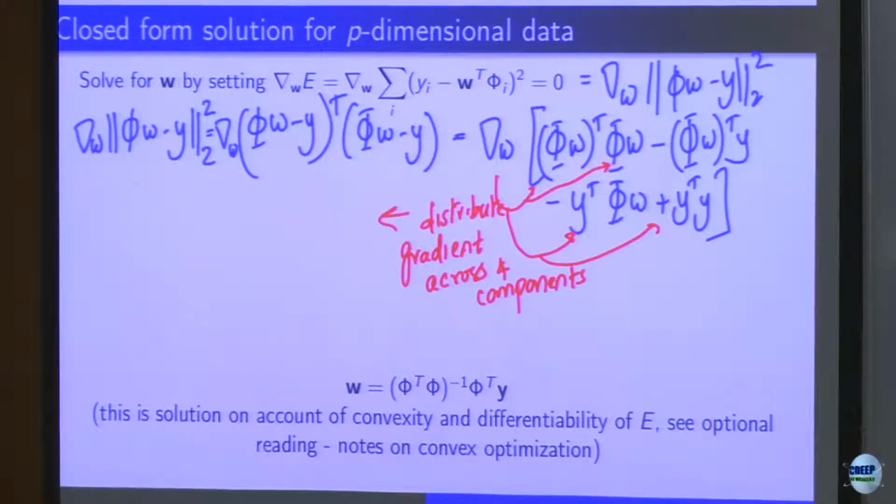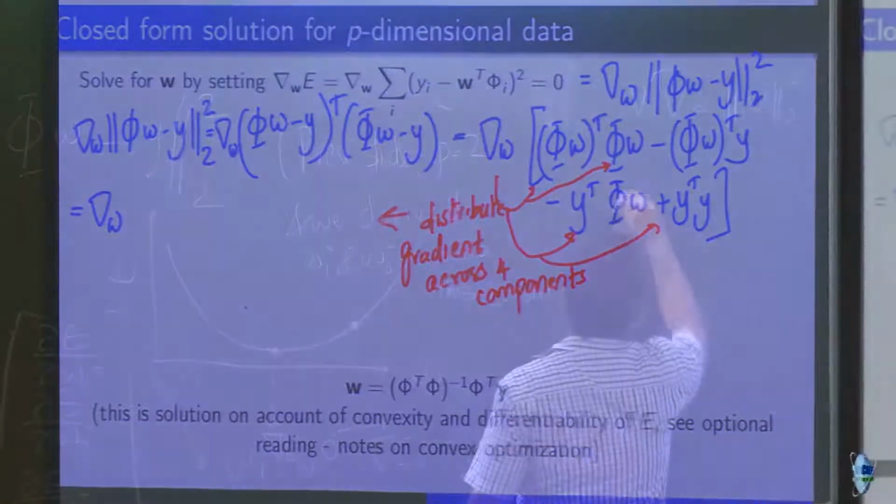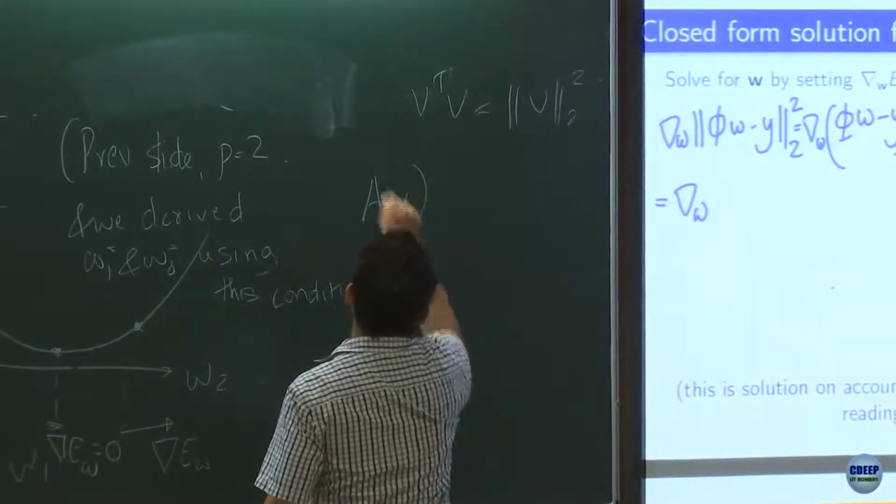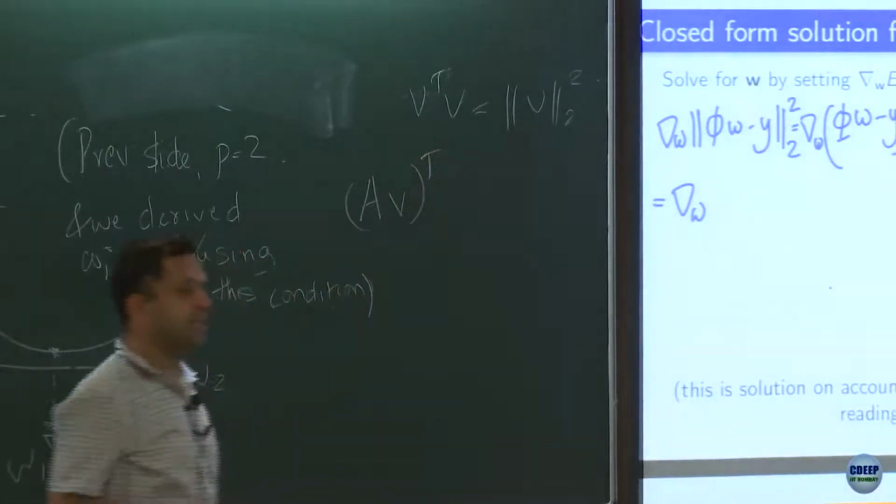And that leads to the gradient with respect to W. Now the first component I could further expand. I'm going to use the board for important concepts. So what is (AV) transpose?